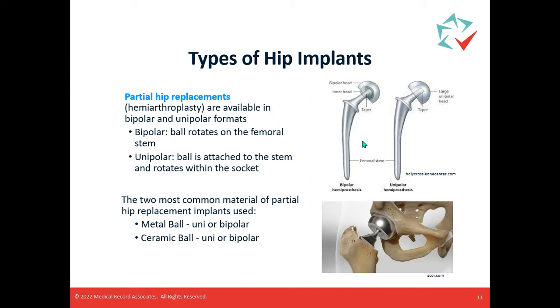In a bipolar hemiarthroplasty, the ball rotates on the stem. And in a unipolar hemiarthroplasty, the ball is attached to the stem, and then that whole unit rotates within the socket. The top image on our slide gives you an idea of how these two types operate differently from one another. Both bipolar and unipolar options can either have a metal ball or a ceramic ball, and our image on the slide shows us what a metal ball looks like.